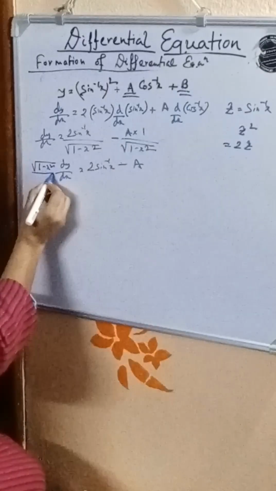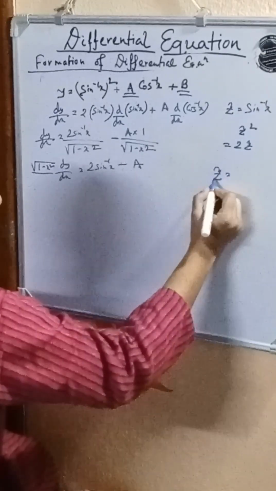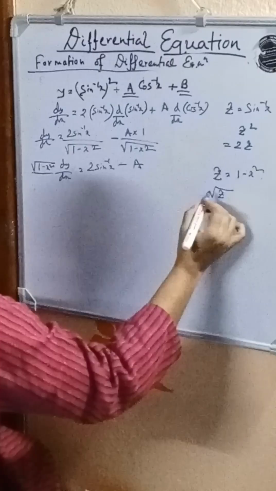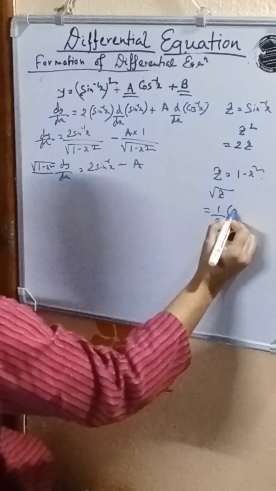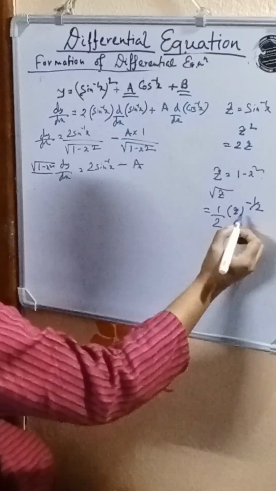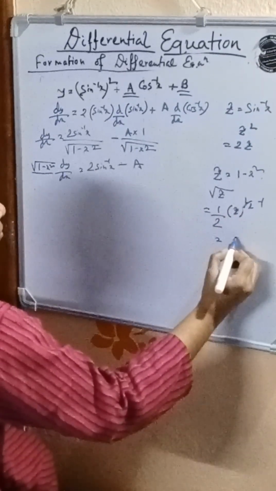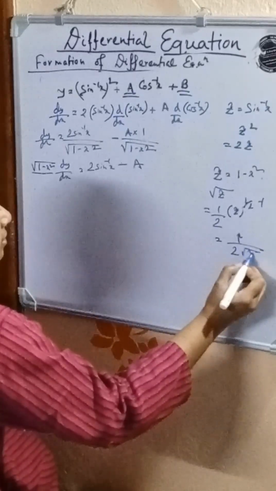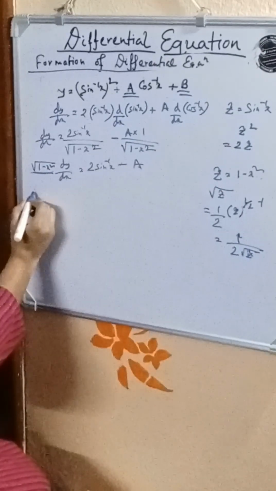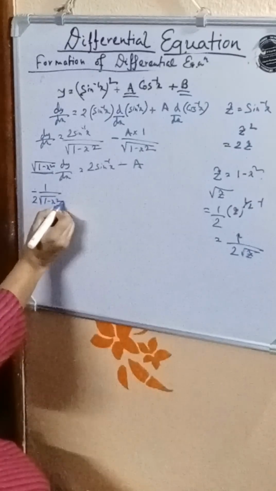The derivative of root over 1 minus x square: if we take z equal to 1 minus x square, the derivative of root z equals half z to the power half minus 1, which is 1 by 2 root z.